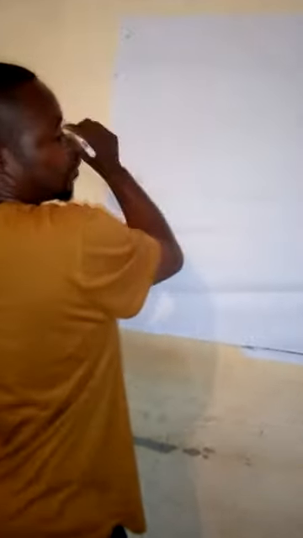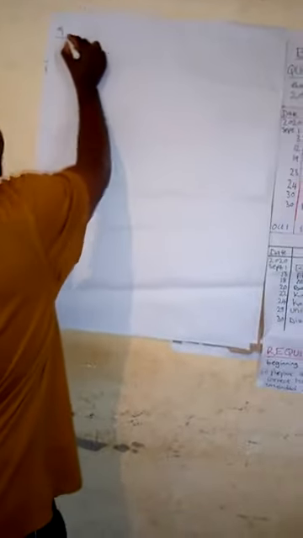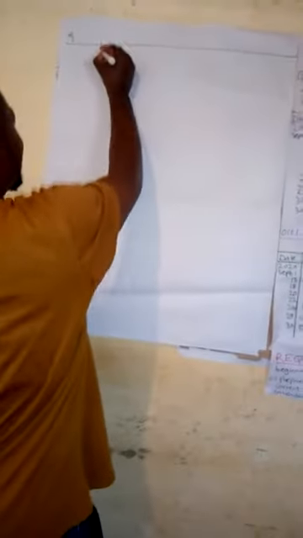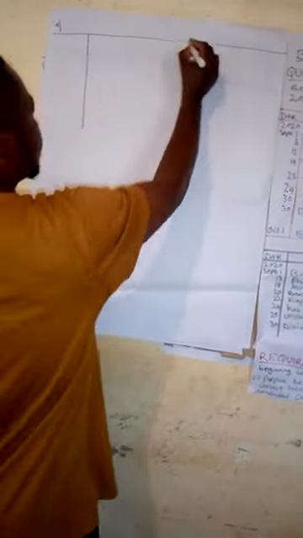All right, so this is what we are going to do for us to attempt the first part of the question. We are going to prepare a revised cash book.